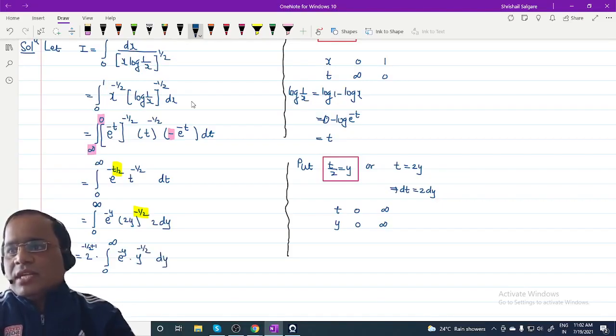So the outside is 2 raised to minus 1 half and plus 1. So it is 0 to infinity e raised to minus y, y raised to 1 half minus 1 dy, for the gamma part.